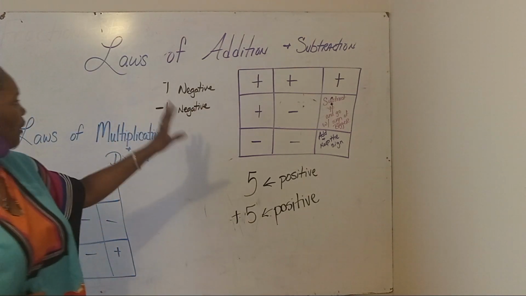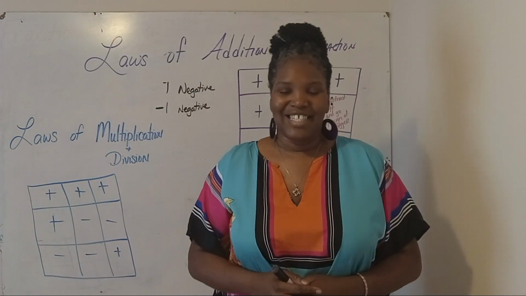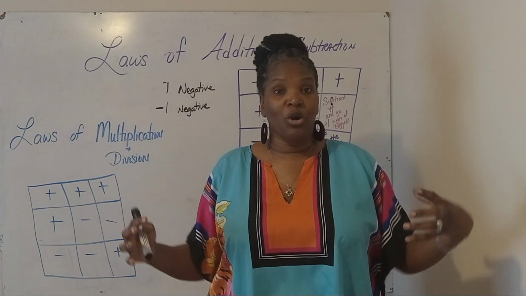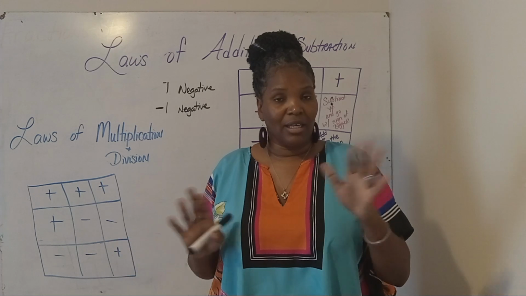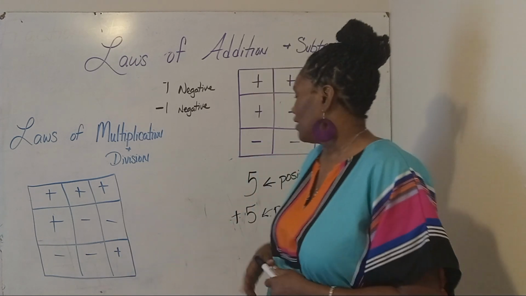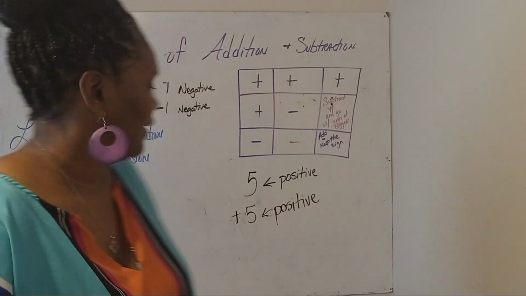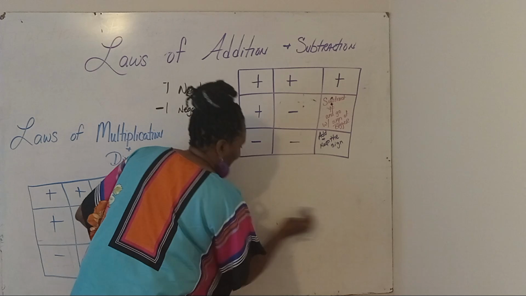I need you to remember these things, okay? And I know you can. All right? So, I just want you to remember these laws of addition and subtraction, and multiplication and division.